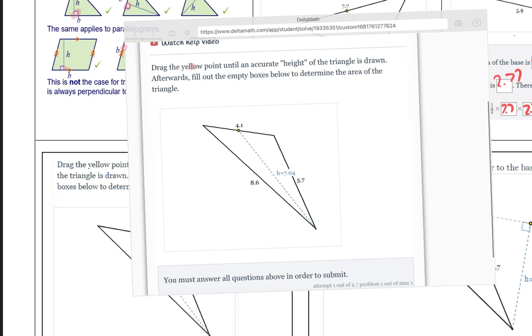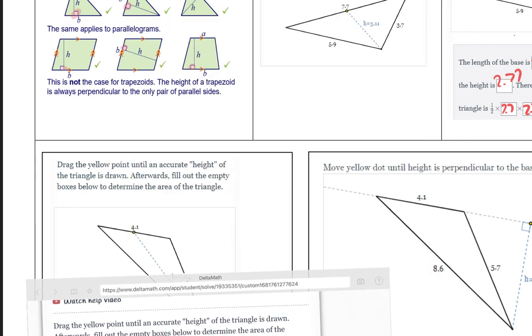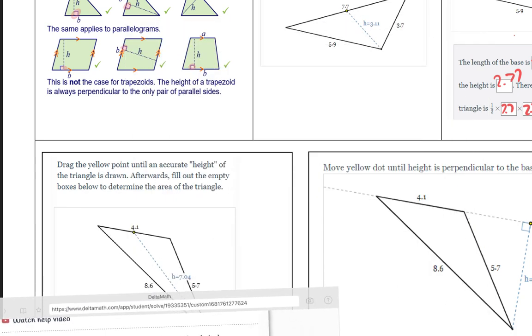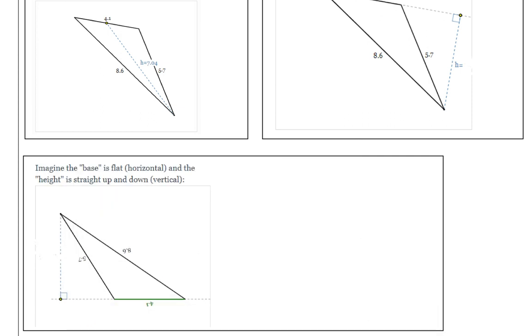All right, so that's the tricky thing on this one, is that we need to keep that in mind when we're doing this. All right, so what we do notice over here is this is going to be 4.84, right? So don't forget that 4.84.